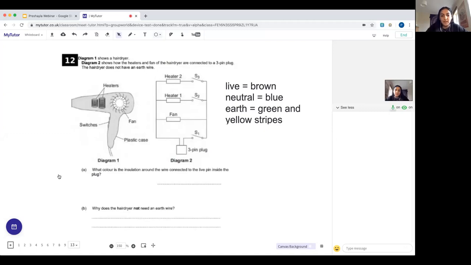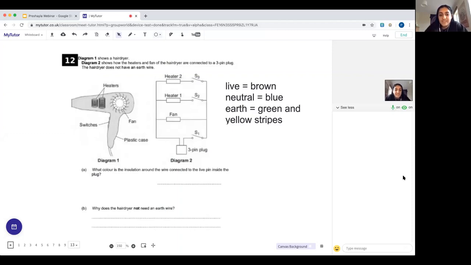Cool. Okay, so why does the hairdryer not need an earth wire? Why would the hairdryer not need an earth wire in this case? This is quite a tricky question, so don't worry if you don't get it straight away. Why would it not need an earth wire? Think about the function of an earth wire.